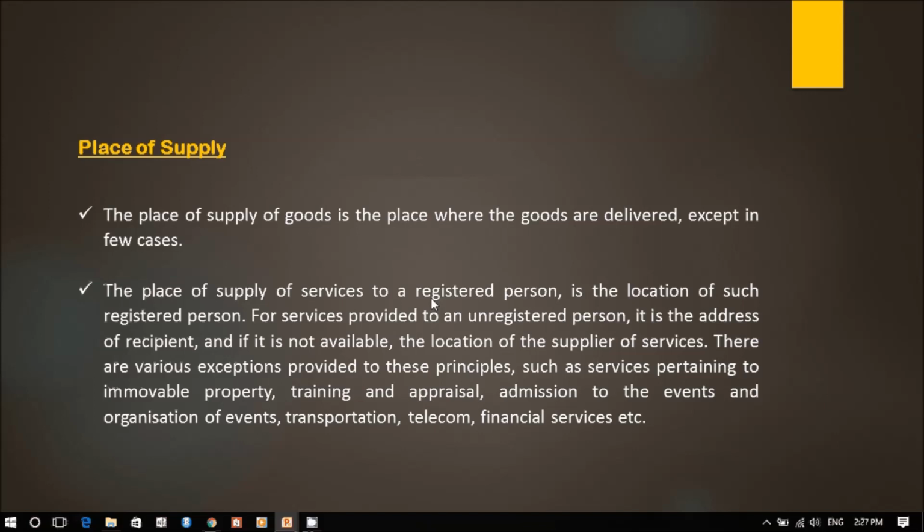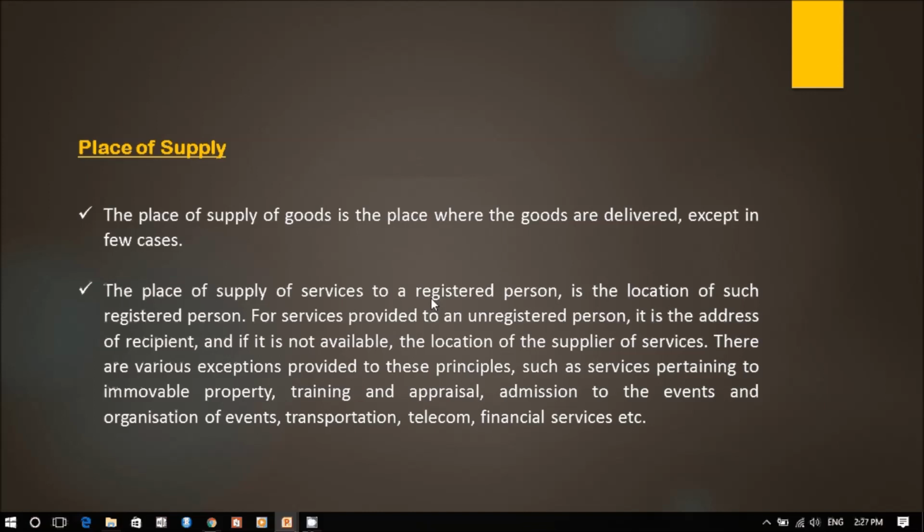These 3 points are the common points generally applicable, but there are a few extra provisions, like in case of immovable property, the place of supply would be where the immovable property exists or is going to exist in the near future. And there are a few more examples we would discuss in our upcoming videos in detail, and that will take a little bit of time also.